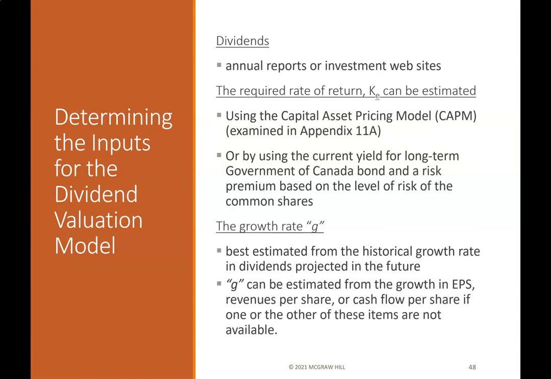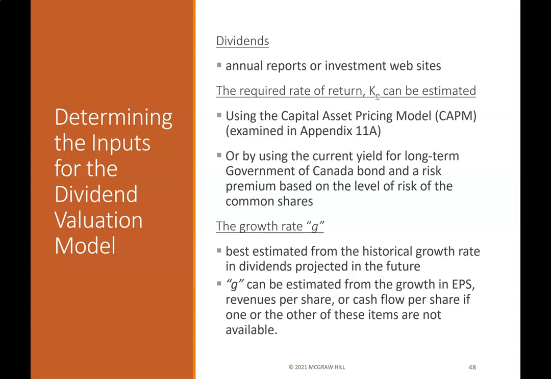Determining the inputs for the dividend valuation model. Dividends: annual reports or investment websites. The required rate of return can be estimated using the capital asset pricing model examined in Appendix 11A, which we won't be doing, or by using the current yield for long-term Government of Canada bonds and a risk premium based on the level of risk of the common shares.